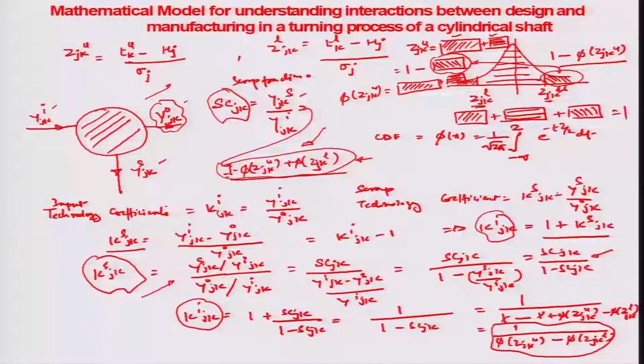So, once this is done, let us put together what would be the material balance equation finally. The material balance equation in this particular case happens to be: the input material is represented in terms of the technology coefficient times the output material.